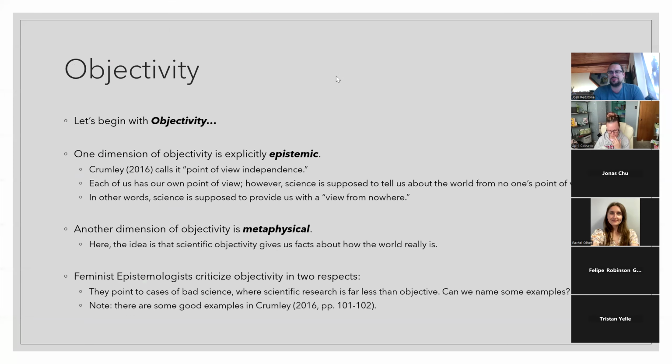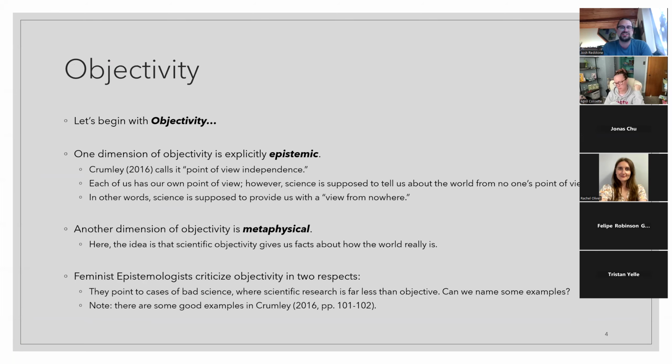We were talking about objectivity as one of the parts of the legend, right? The legend is this idea of science as this rational, objective, view from nowhere sort of thing. So let's talk about the objectivity dimension of the legend.